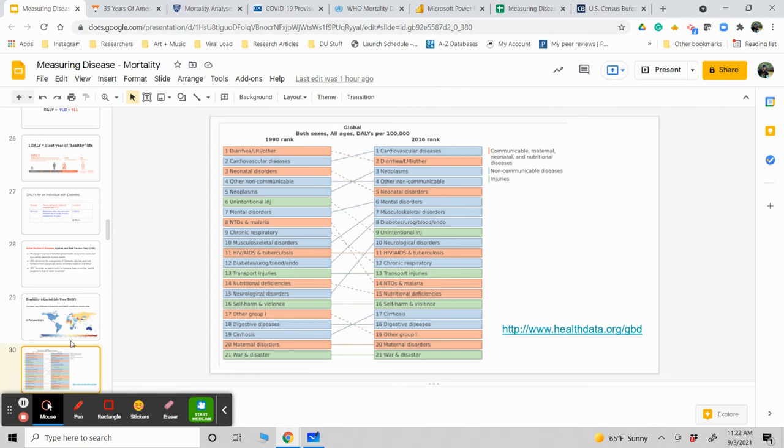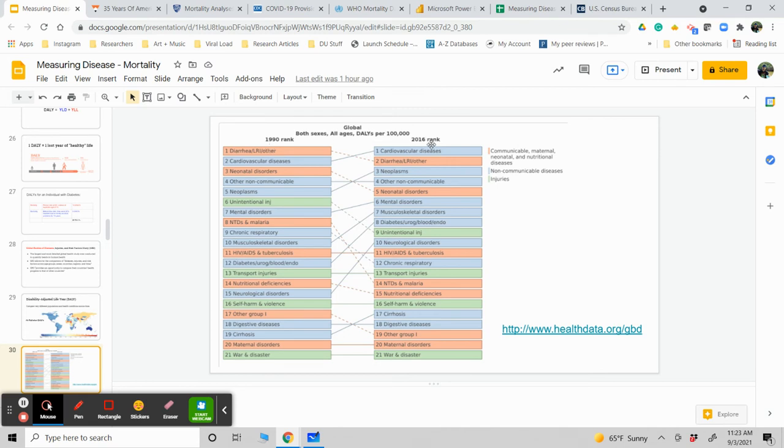We can also use this to compare different diseases over time to see how the burden of disease has shifted. So if you take the DALYs from a bunch of different types of diseases and you rank them from high to low DALY, because remember, high DALYs means more disease and death, diarrheal diseases, cardiovascular, and neonatal disorders contributed the most DALYs in 1990.